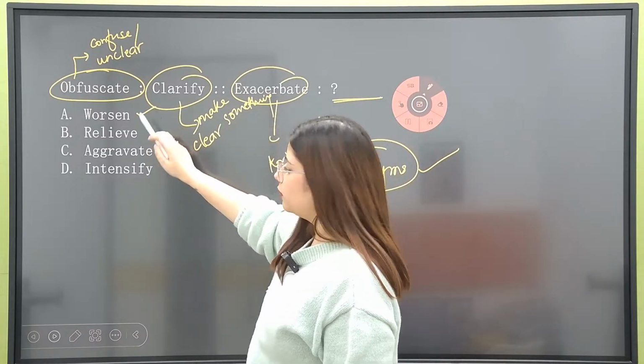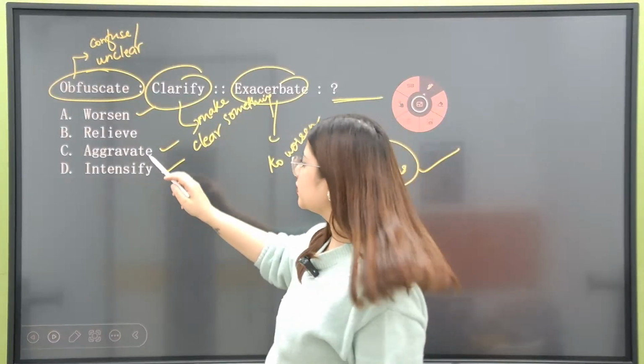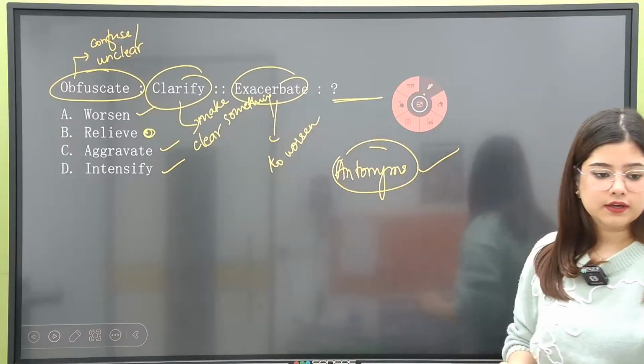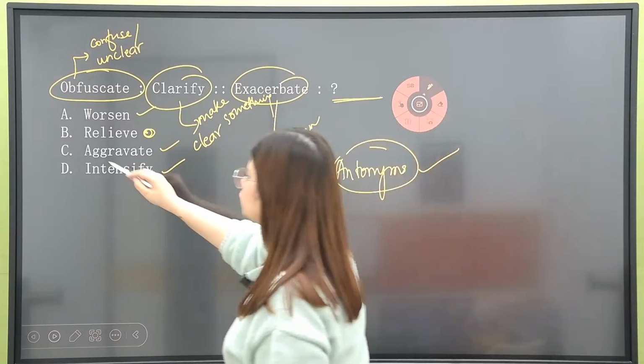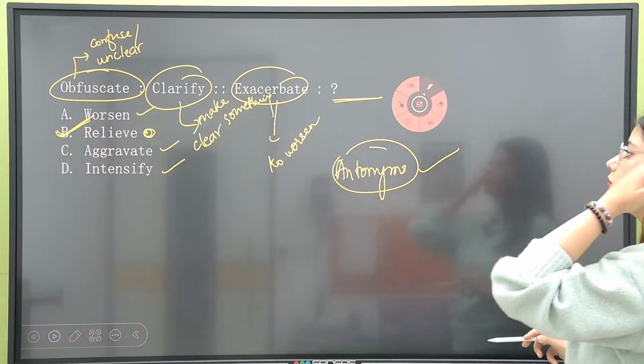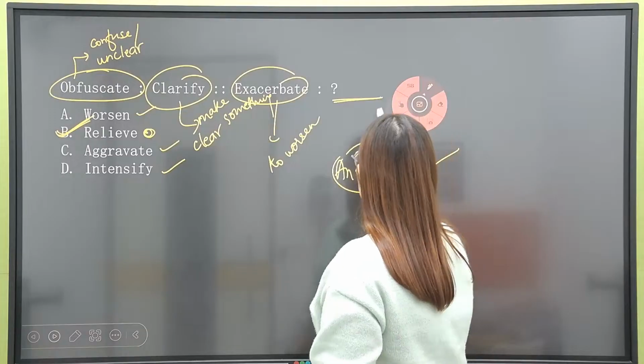Worsen is a synonym, aggravate would be a synonym, intensify would be a synonym, relieve would be an antonym. So relieve is the correct answer. Obfuscate is to clarify, such as exacerbate is to relieve.